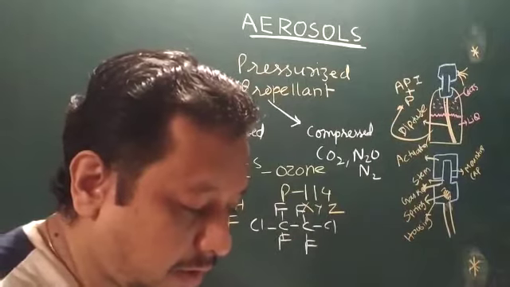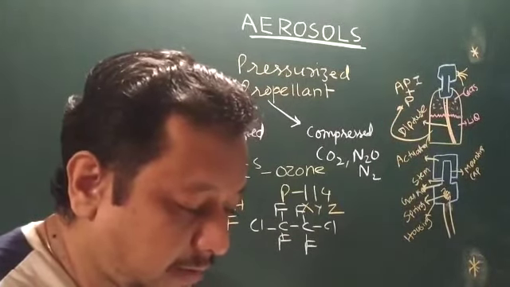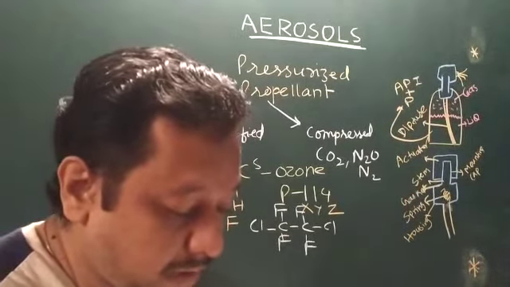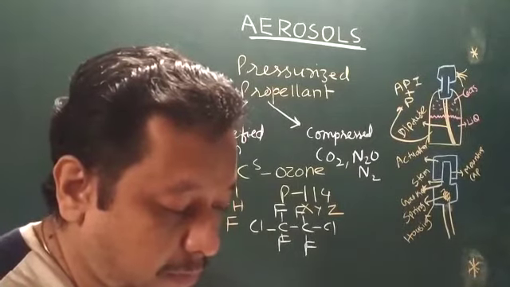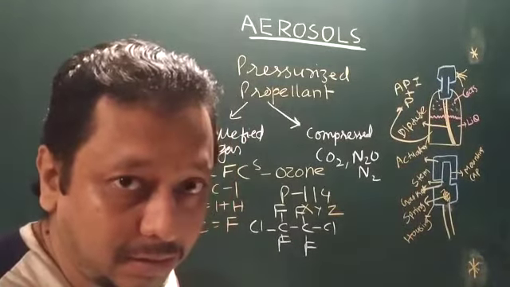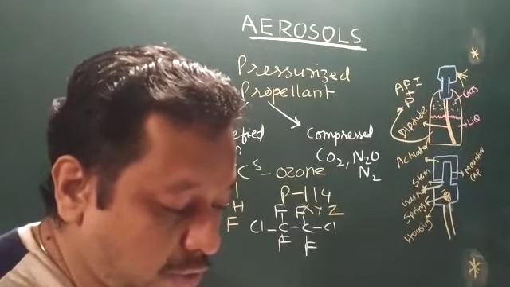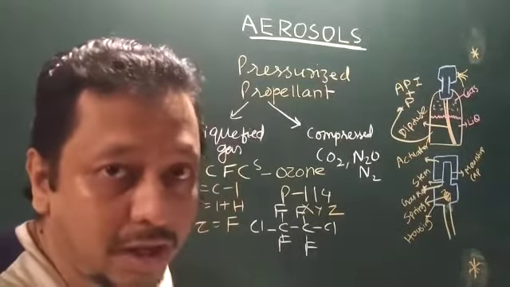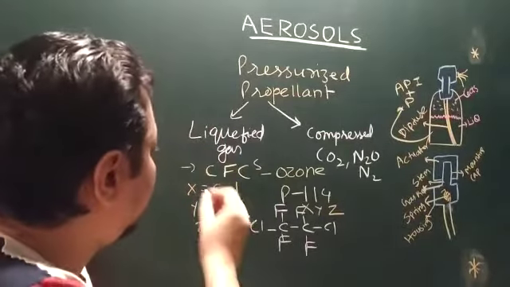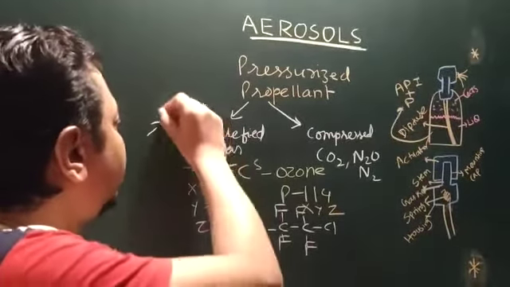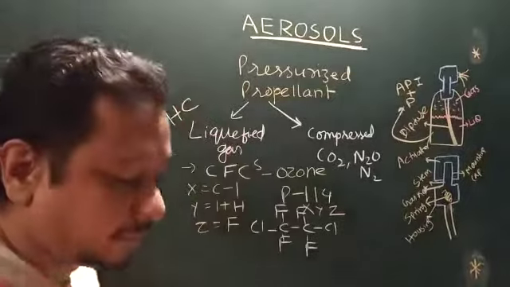Then you have propellant A31, that is isobutane. Then you have propellant A17, capital A, butane, and propellant A108, propane. They are only hydrocarbons. They don't have chlorofluorocarbons; they are only hydrocarbons.